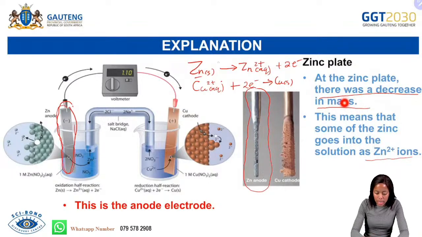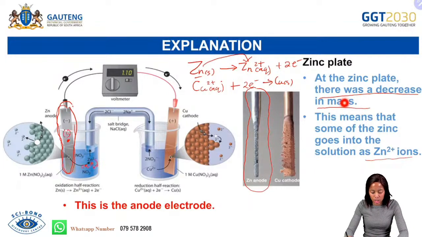It's moving from the electrode to Zn2+, which is in the solution. So here we are saying that this is the electrode. We are moving from Zn solid, and then where are we moving to? To Zn2+ aqueous in solution.